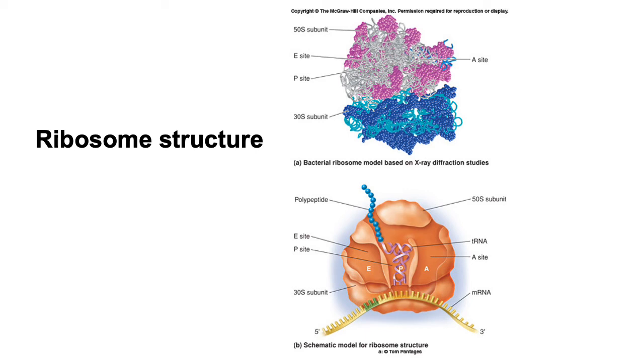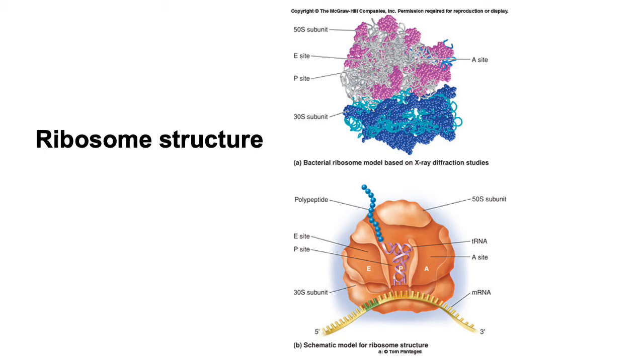So you see there are three different sites labeled E, P, and A in the large subunit of the ribosome. The E stands for the exit site, P stands for the peptidyl site, and A is the aminoacyl site. Each one of those sites plays an important role in translation, and we'll see the role they play in a minute.